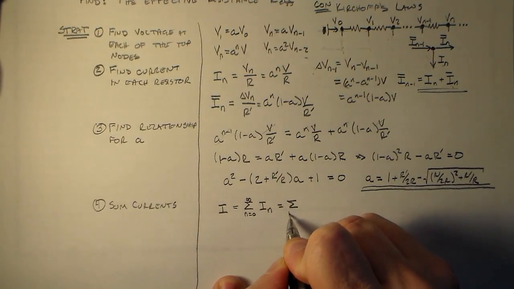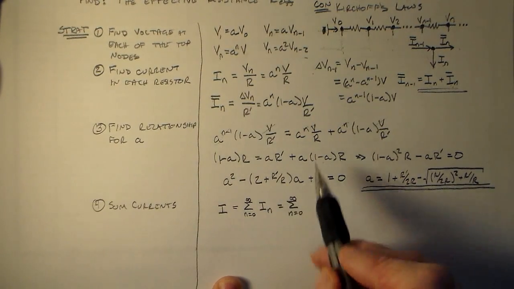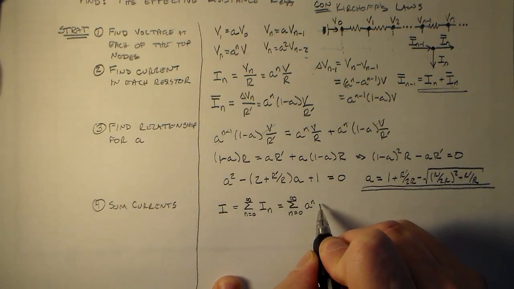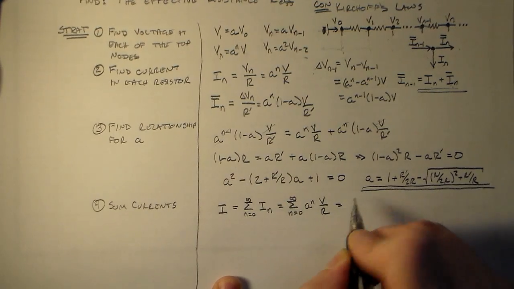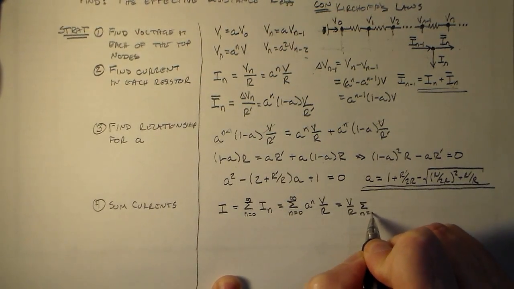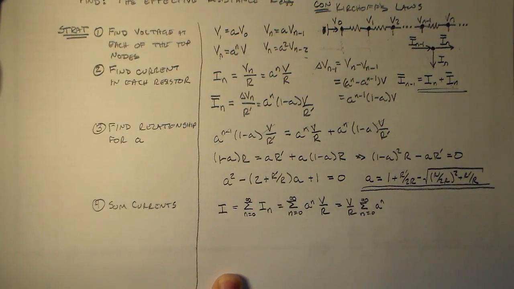and then we go ahead and substitute for that IN. Where do we hide it? Up here, right? And so we have AN times V over R. Luckily for us, the V over R is a constant. So n equals 0 to infinity, and we have just this AN. And we love this particular sum.